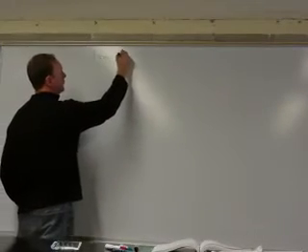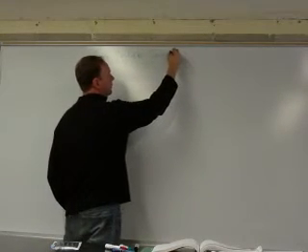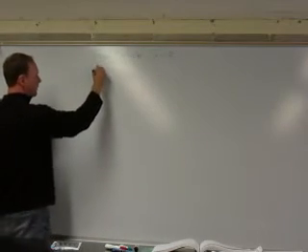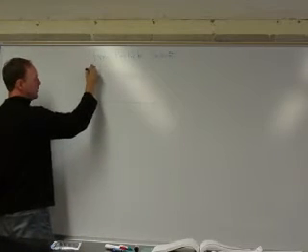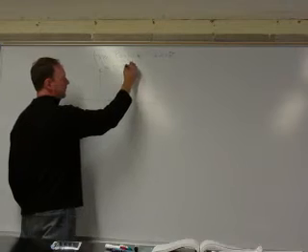Okay, so next problem, our free particle. Free particle Schrödinger. Okay, so here we go. Here's x, and then here's the potential, and it equals 0 everywhere.